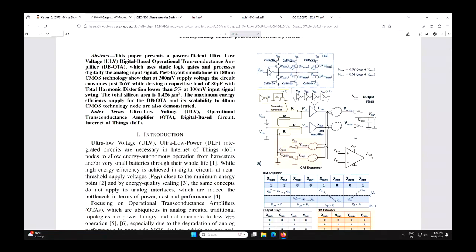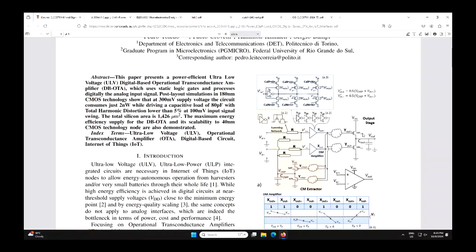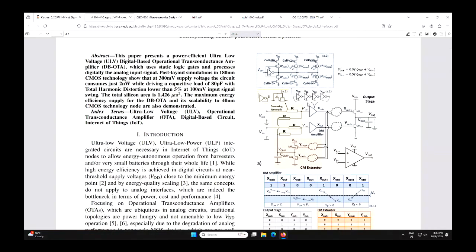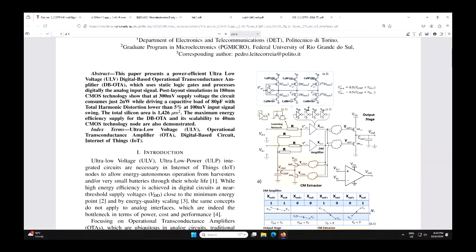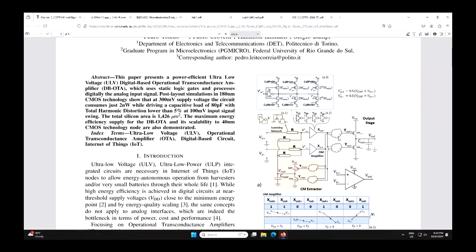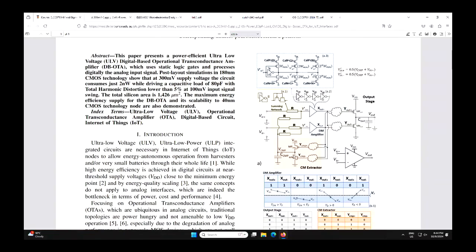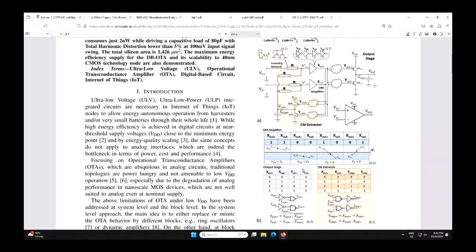I think these two are a source follower, a voltage follower, to output the voltage. So the main analog parts are this differential pair and this output stage, and here the common mode is checked.